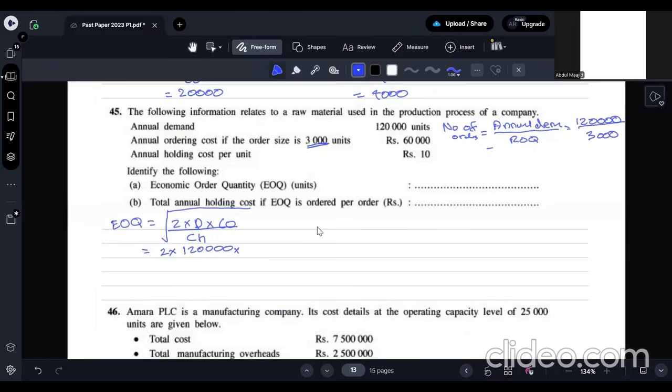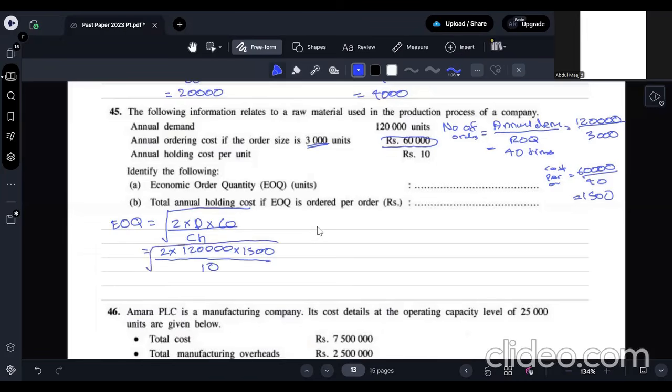Then totally for the year you have to order how many times? 120,000 divided by 3,000, that is 40 times. Now this ordering cost is for the 40 orders. Then for one order, cost per order will be 60,000, total ordering cost, divided by number of orders, that is 1,500. So 1,500 divided by annual holding cost per unit is 10 rupees.